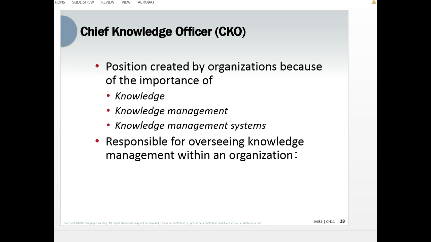And also make sure that the organization profits from the knowledge resources, including its employees, its processes, as well as its intellectual property. The CKO also should try to maximize the return on investment related to the knowledge management systems and procedures.